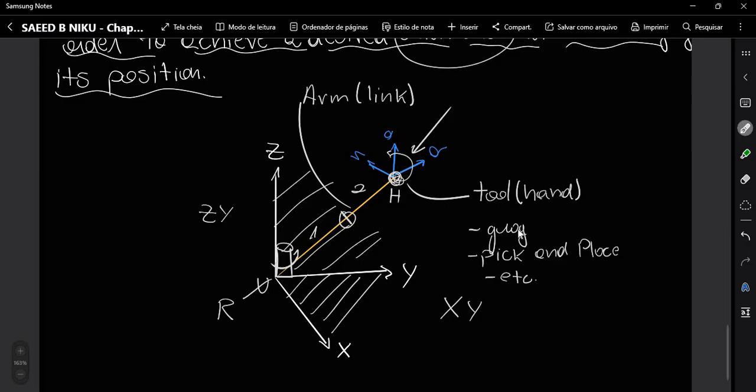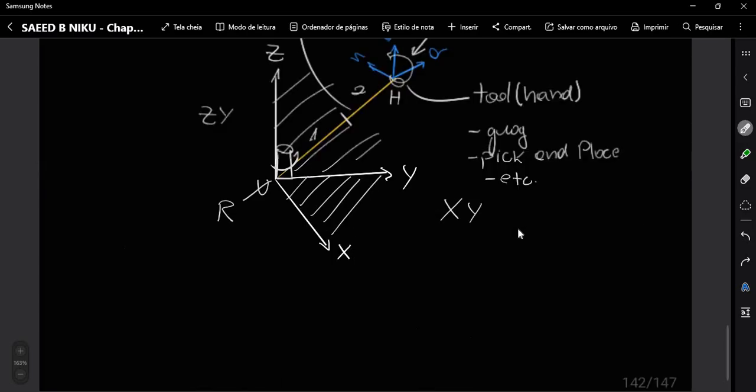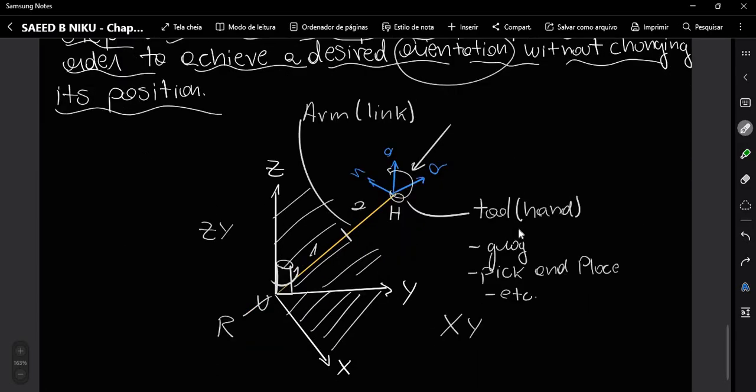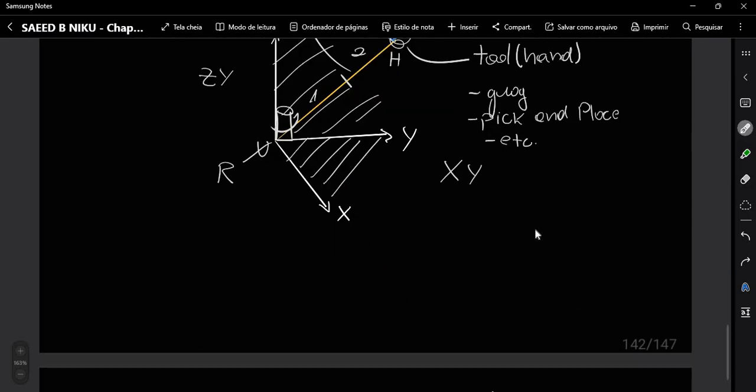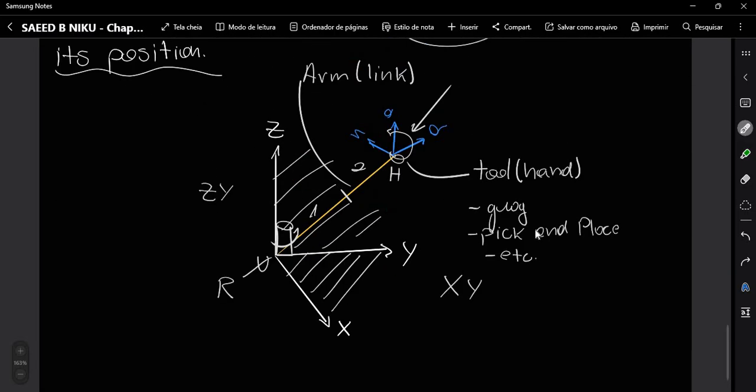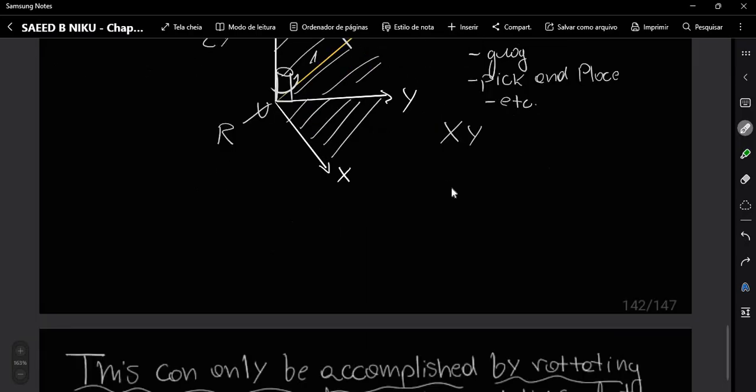We only want to change its orientation. So right here we have done a rotation, and this is what we want, just change its orientation. And again, if we do a transformation of translation, obviously we will change its position, and this is not what we want.